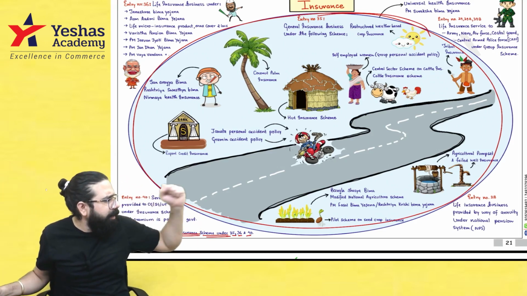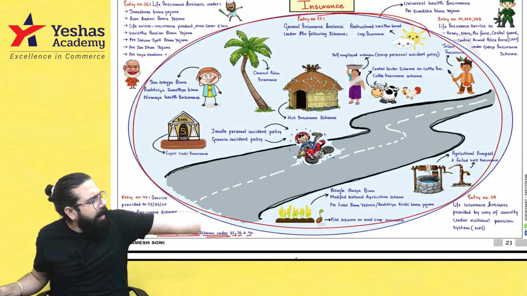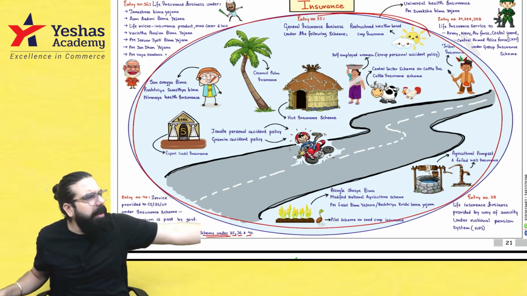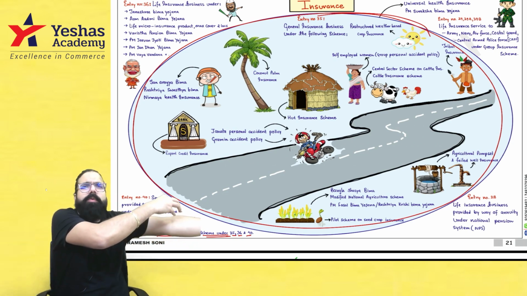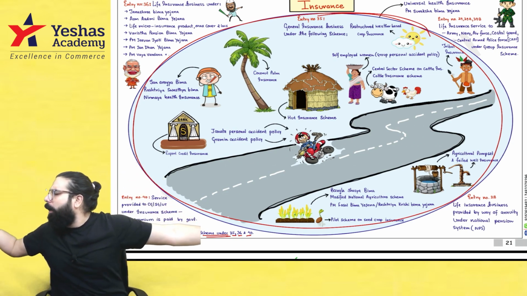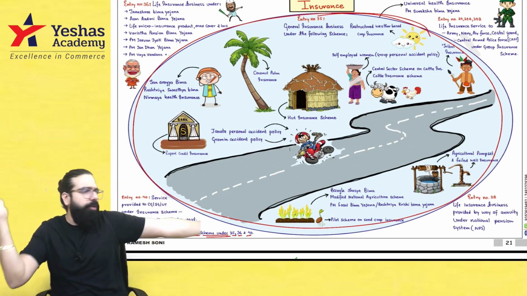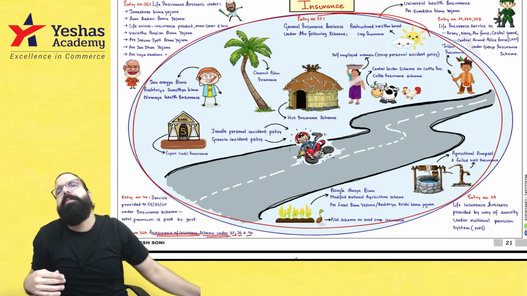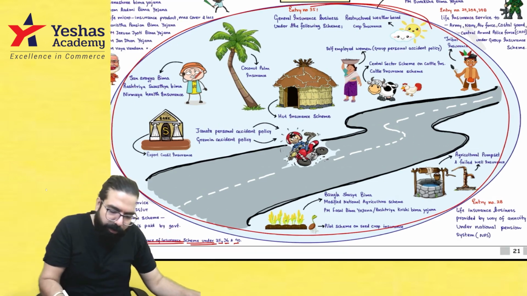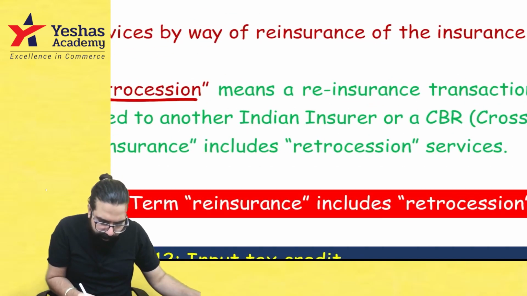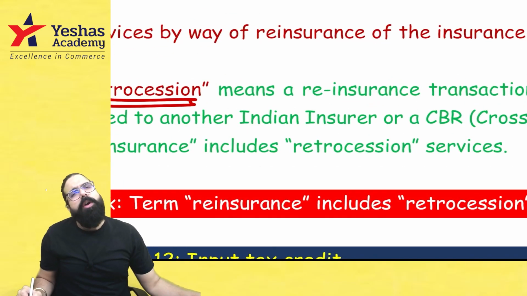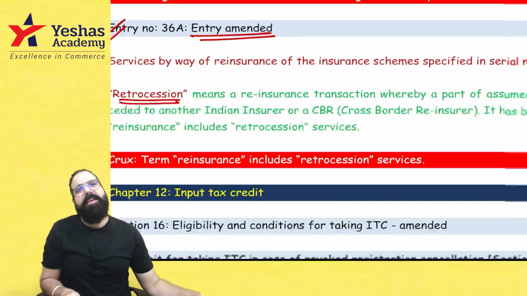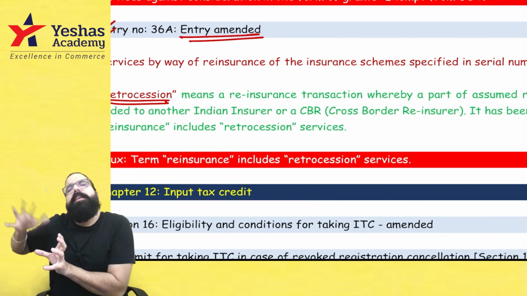If I have done the insurance of a person and I think, what if something happens? Then I have to pay the money. So I will get reinsurance done. I'll tell another person, sir, can you please do the insurance of my insurance? Now in insurance, one term is there which is called retrocession, which is again nothing other than insurance of reinsurance.